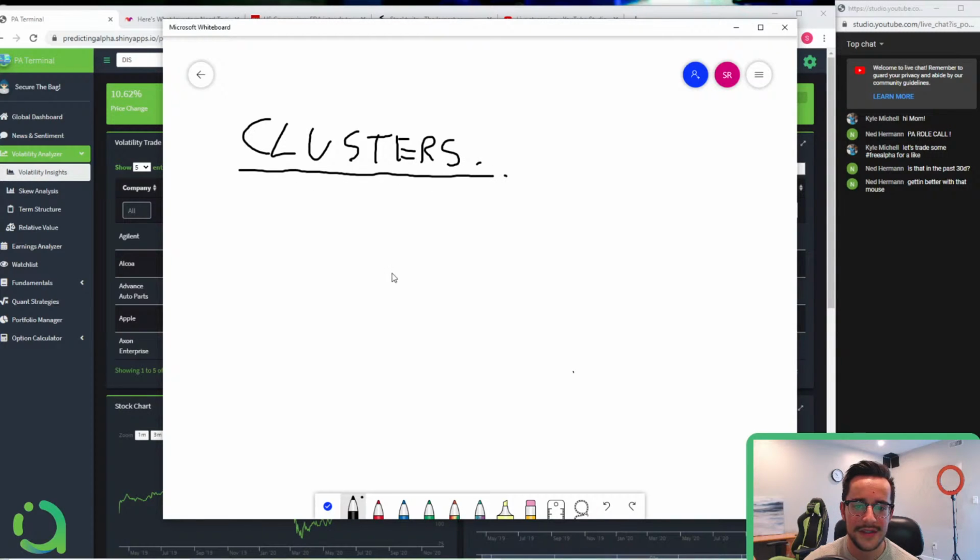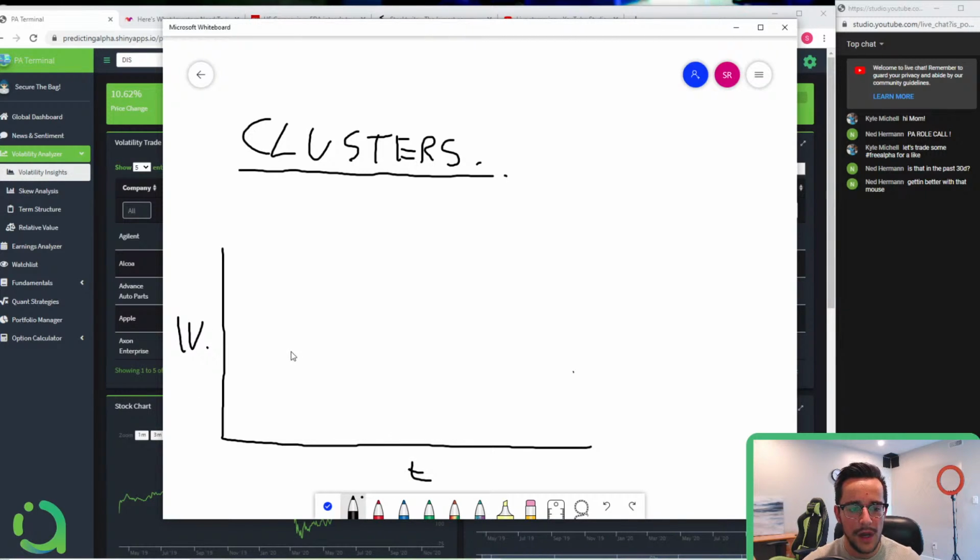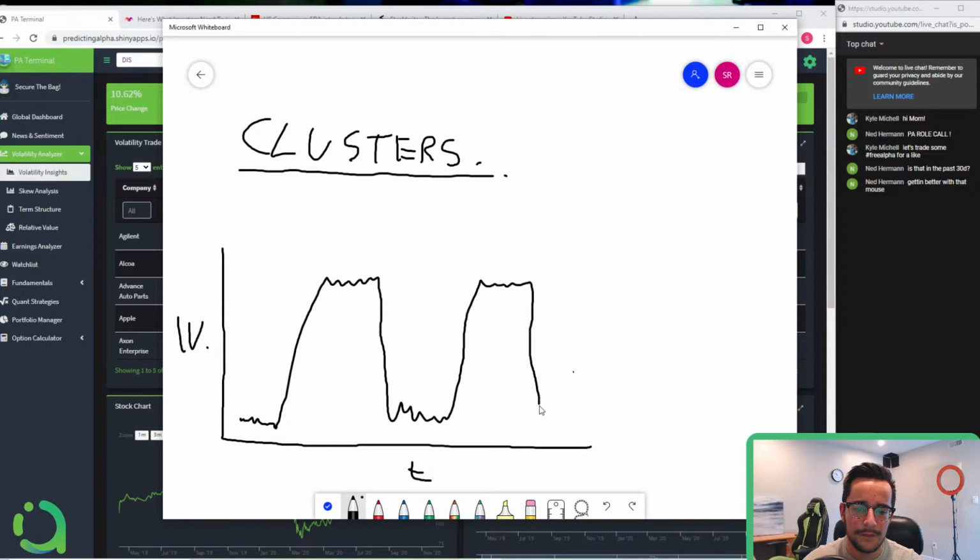What do I mean by this? Well, if we were to graph IV over time, we have time down here and we have IV here. How would volatility look? We might see something like this. What are we seeing here?